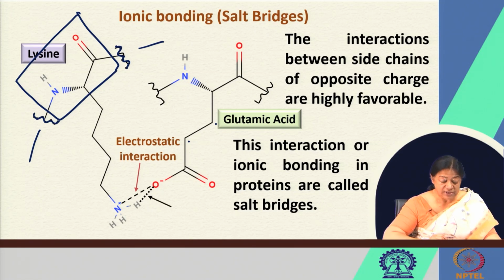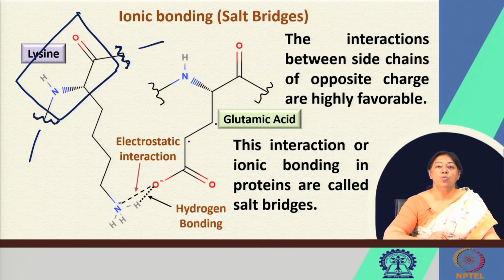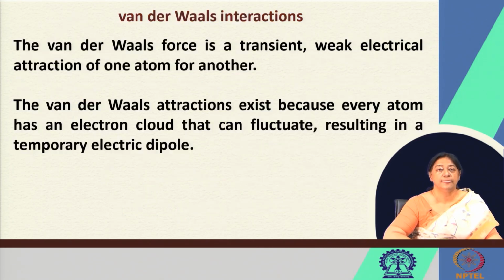In addition to that, we can also have hydrogen bonding possibilities. So, what is happening here is we have a mode by which we can have a strong interaction, and this helps in the stability of the protein in its overall native conformation.